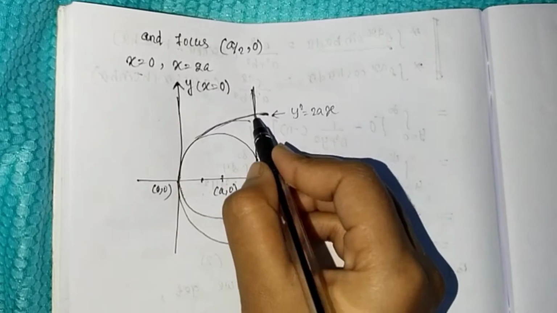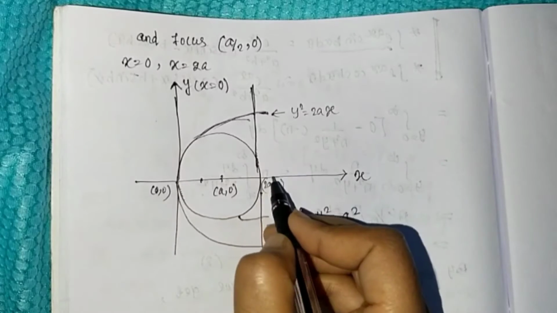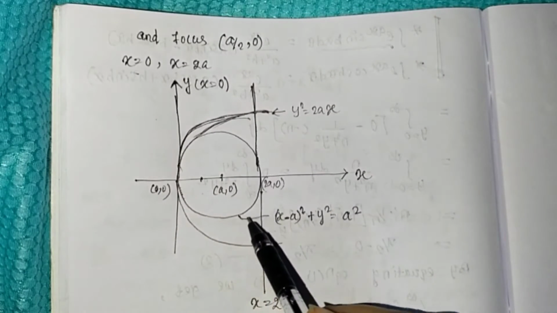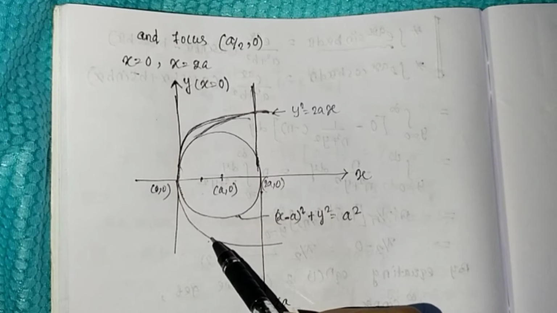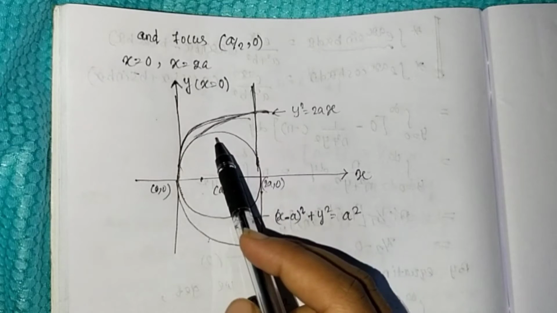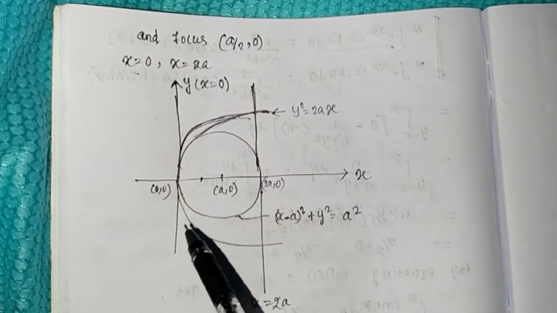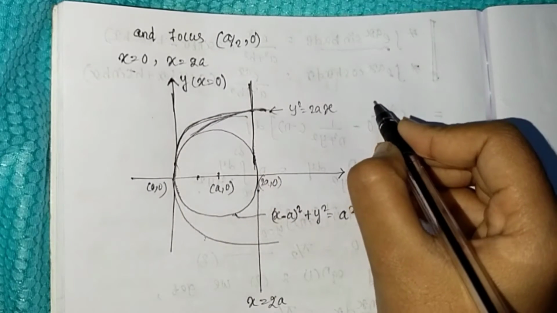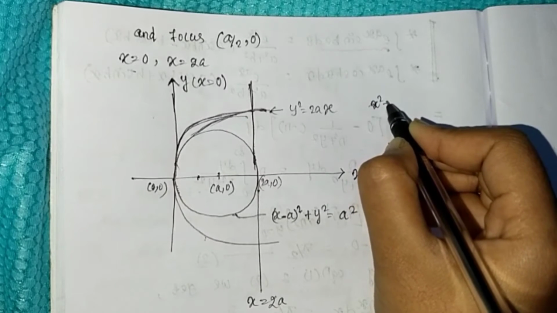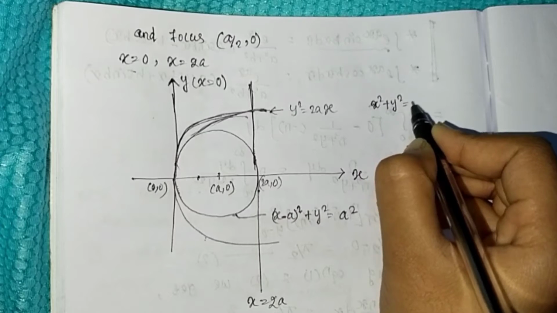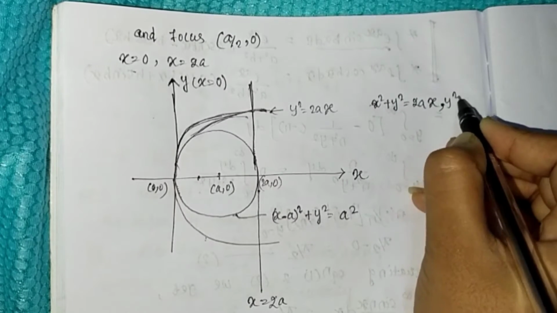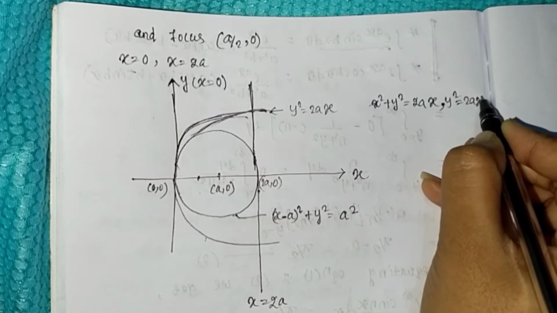So first we find the intersection point of the circle and the parabola. Then we see in how many points the circle and the parabola intersect. So now x square plus y square equal to 2ax, and the parabola is y square equal to 2ax.